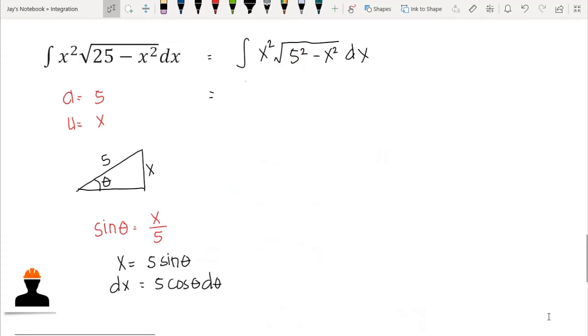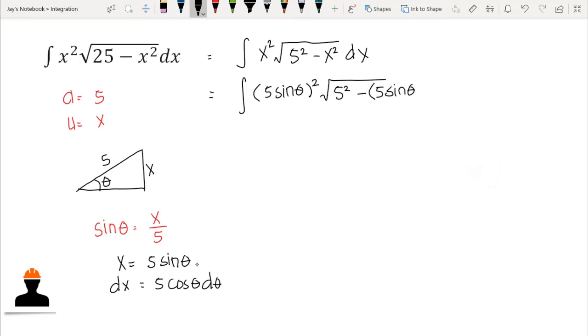And this gives us x squared, that is, since we have 5 sine theta as the value of x, 5 sine of theta squared. Then we have the square root of 5 squared minus 5 sine of theta squared. Then we have dx. Our dx is 5 cosine theta d theta.